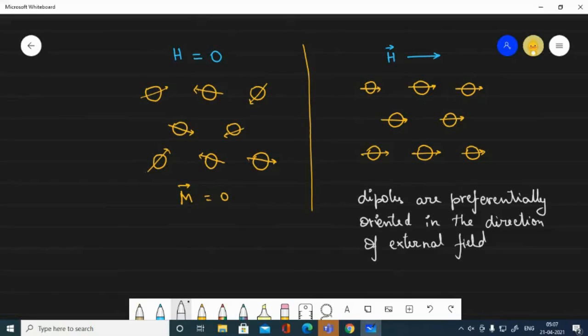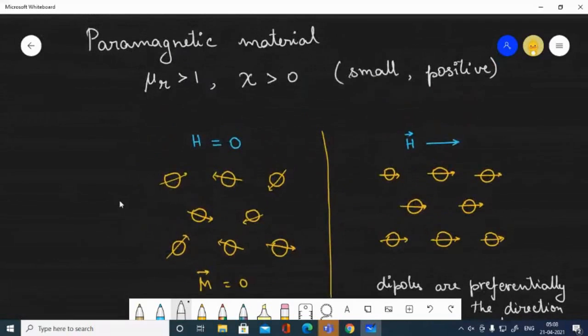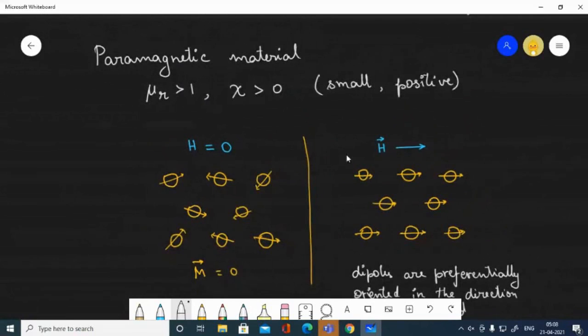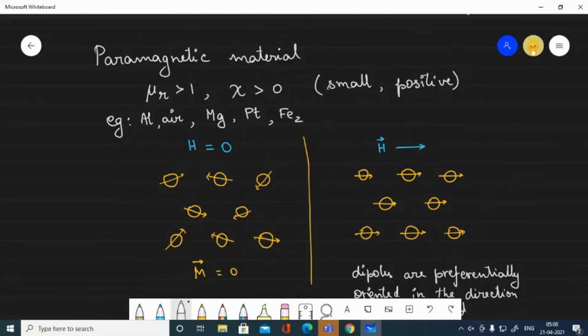So examples of paramagnetic material include aluminium, air, magnesium, platinum, Fe2O3.